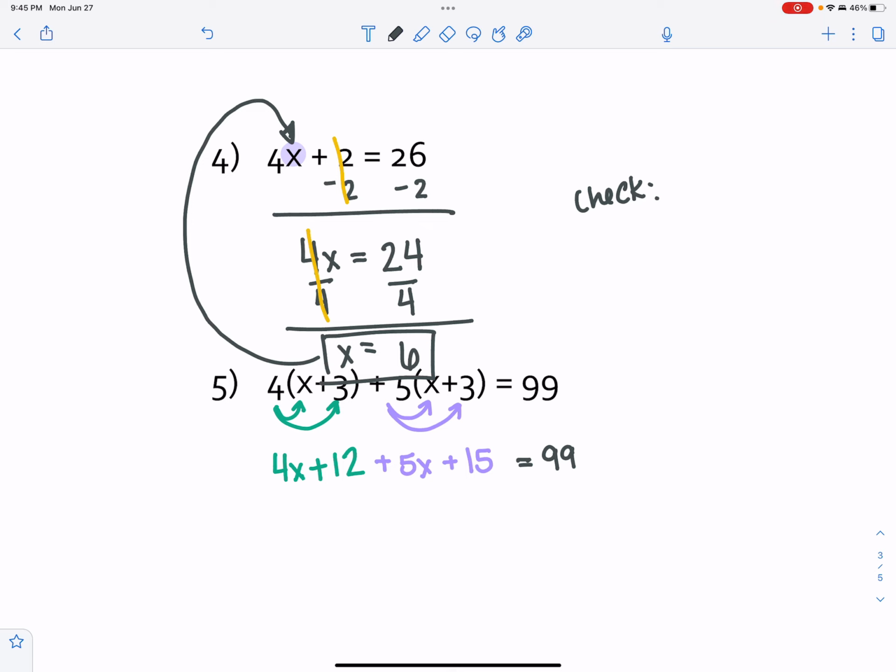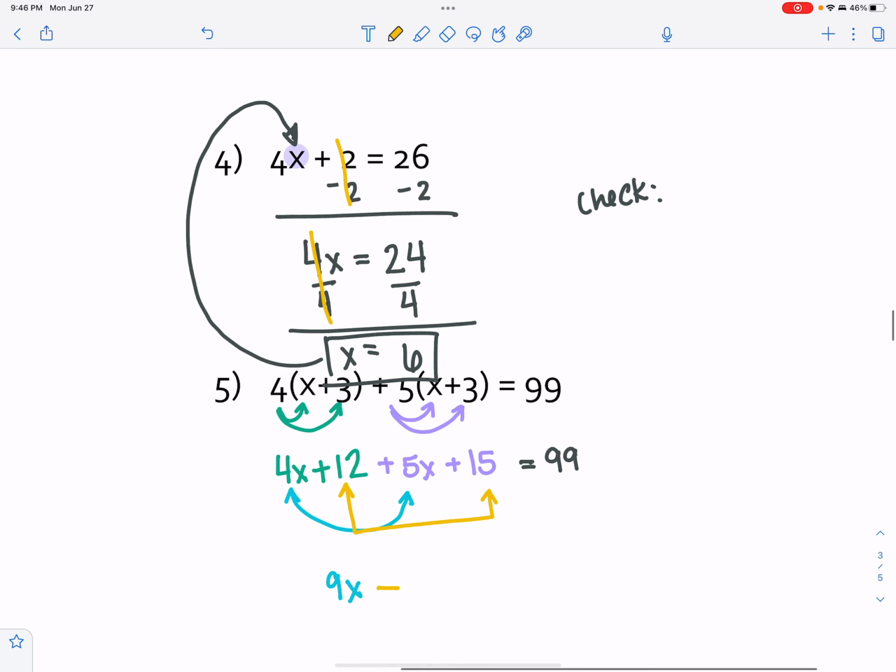Now the next step says, do you have like terms on the left or like terms on the right? And I do in this problem. I've got a 4x and a 5x, which is going to give me 9x. And then I've also got 12 and 15, which is going to give me 27 equals 99.